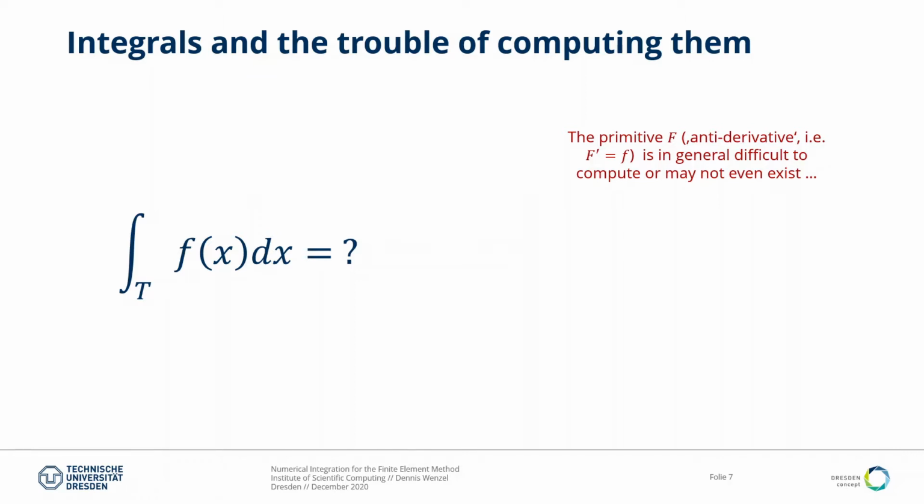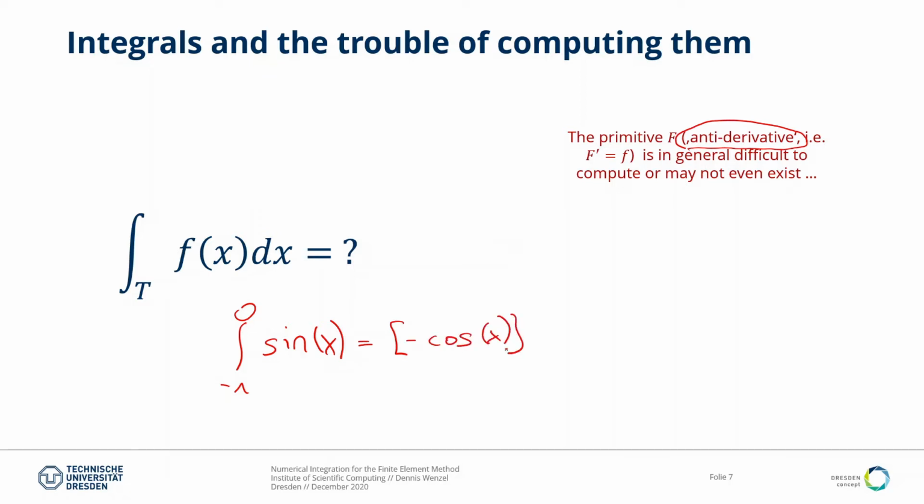so like using the fundamental theorem, meaning that, well, let's say you want to compute an integral over some interval from -1 to 0 for the function sine of x. And then you say, well, this primitive, so the antiderivative here of my sine function, that's just minus the cosine function.